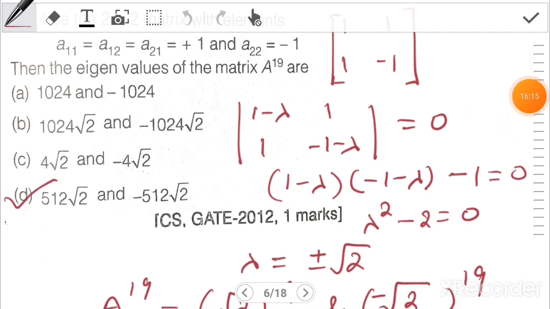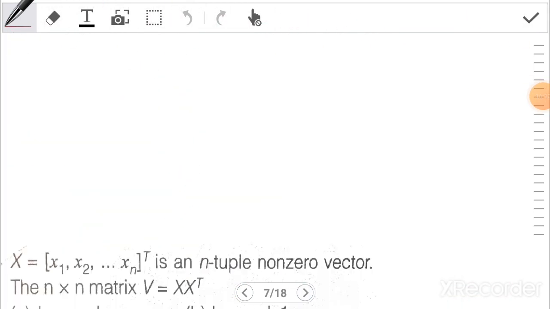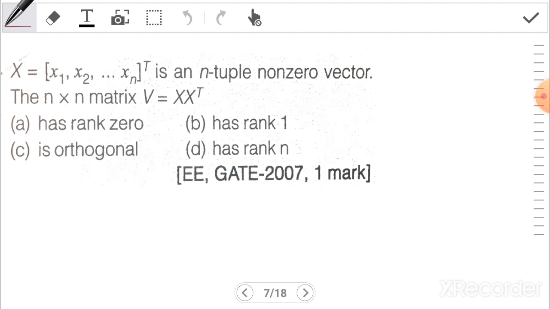Let's see the next question. If X is an n-tuple non-zero vector, the n cross n matrix V is equal to X into X transpose. Tuple means rows.